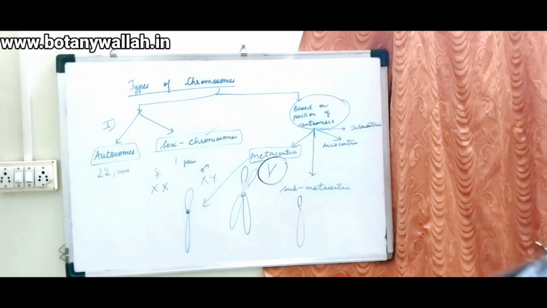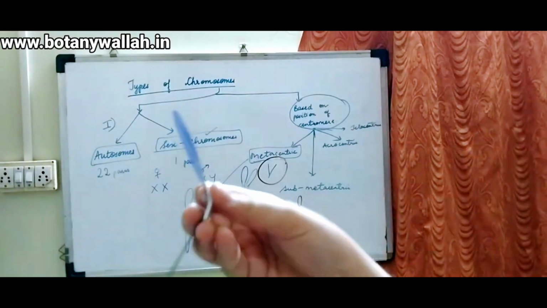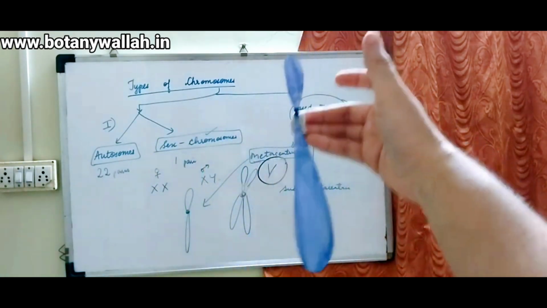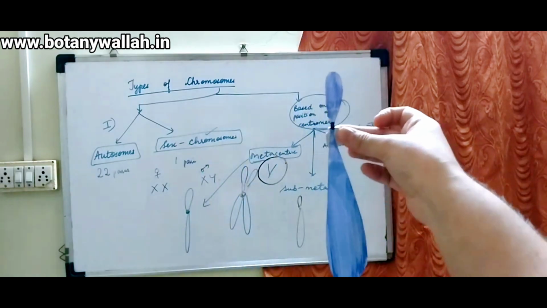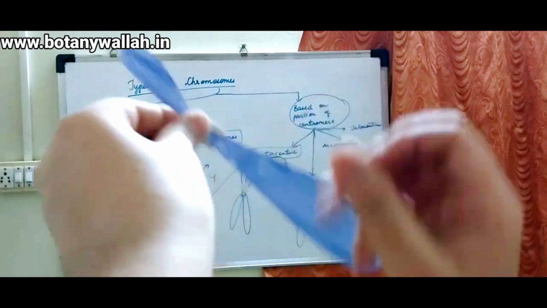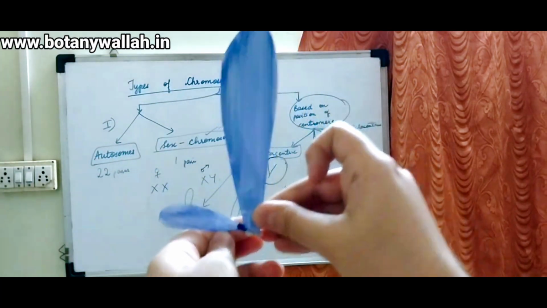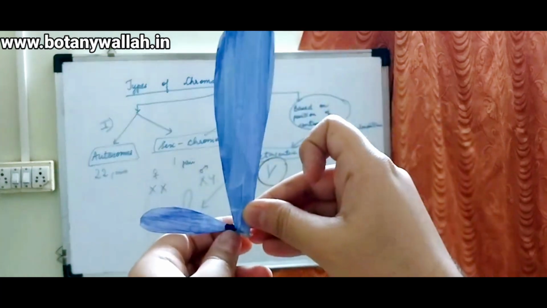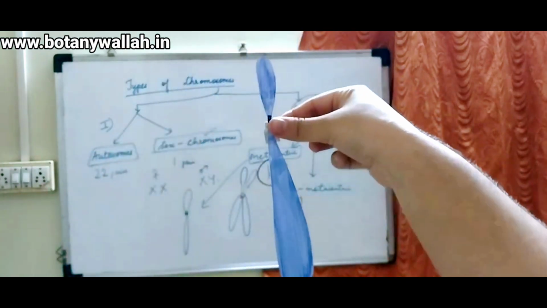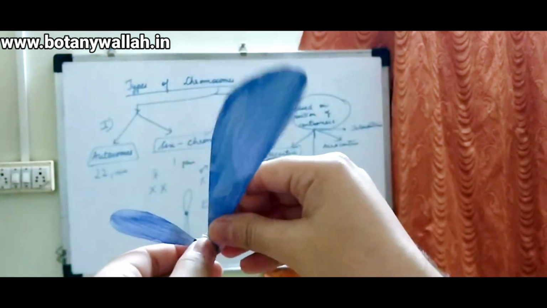So I will again come forward and speak about the shape. If I fold it, it will look like this, and it will form an L shape. This is submetacentric, and it will form an L shape.